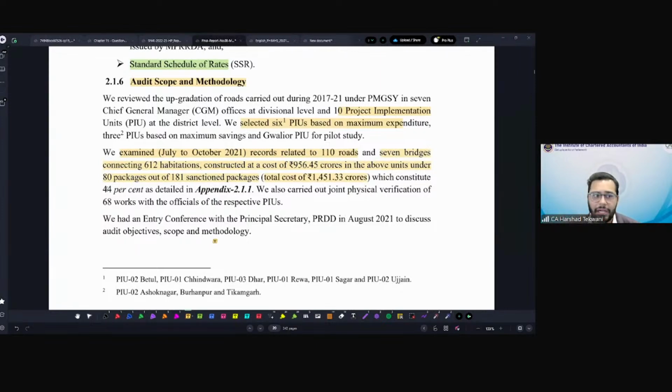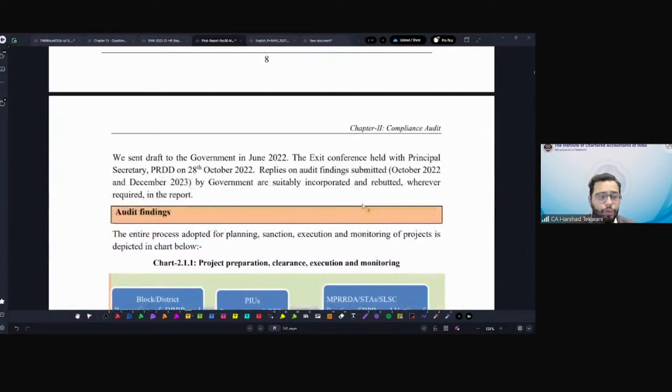You check materiality. In a similar way, they are checking materiality also. They are saying that, okay, which is the maximum cost incurred project. Let's pick that one. So based on materiality, they are picking up the samples. There are various methodologies to pick up the samples that we have seen, random sampling, stratified and everything that is being followed.